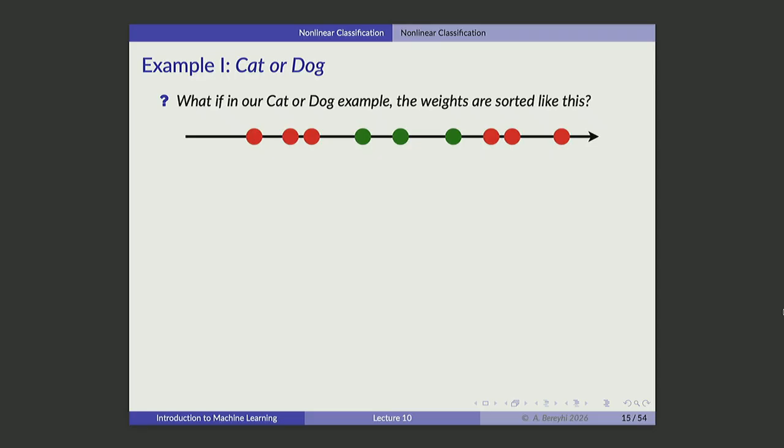It was the problem of cat or dog. When we started with the SVC, or support vector classifier, the whole idea was that you had this simple data set, all the cats were on one side, all the dogs were on the other side, and then you want to draw a margin and put the margin exactly in the middle, right? So it's going to work as long as they are linearly separable. What about this case?